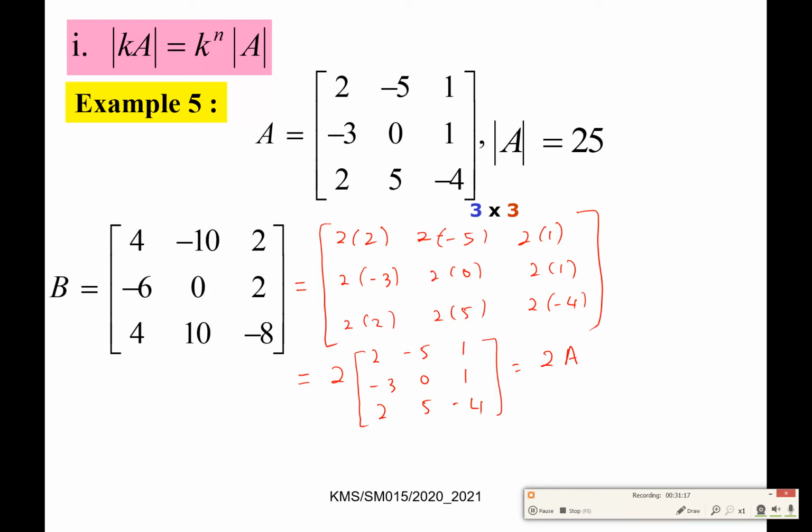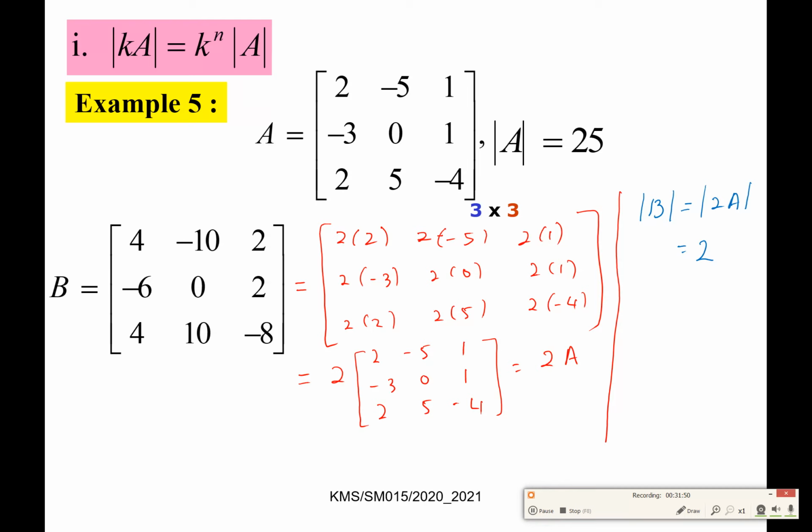How do we use these basic properties? Let me change the pen color. To find the determinant of B, which is actually 2A, 2 is the scalar.